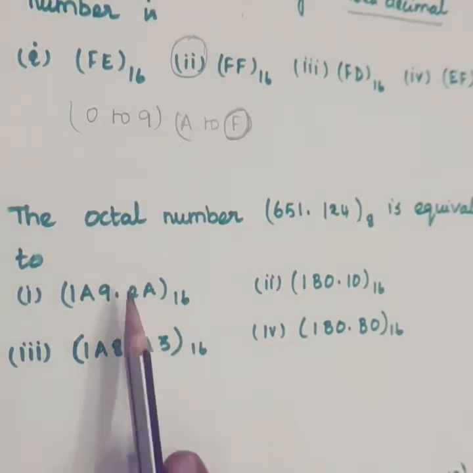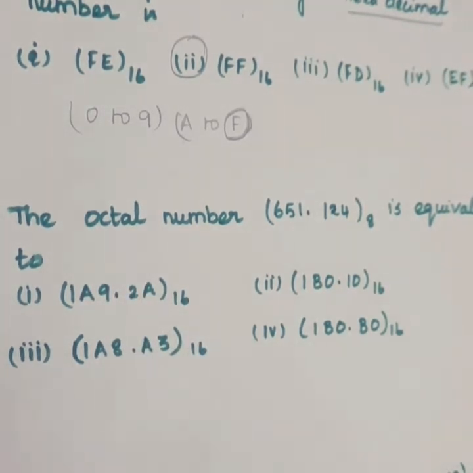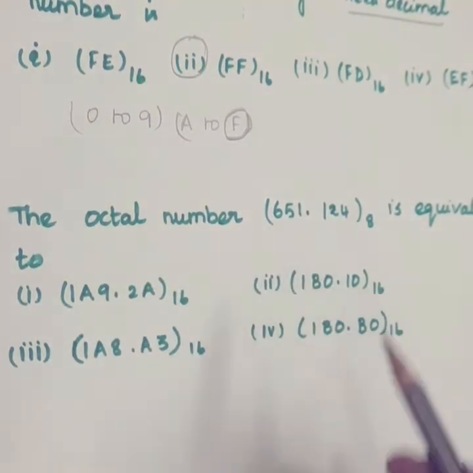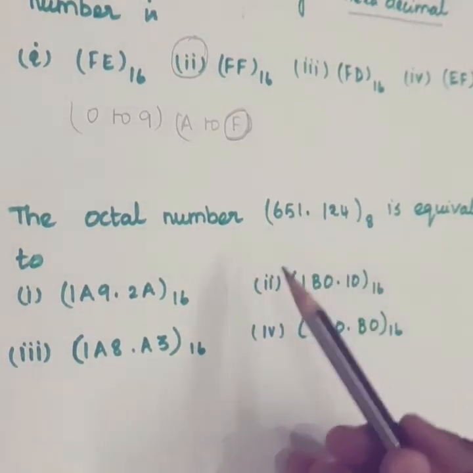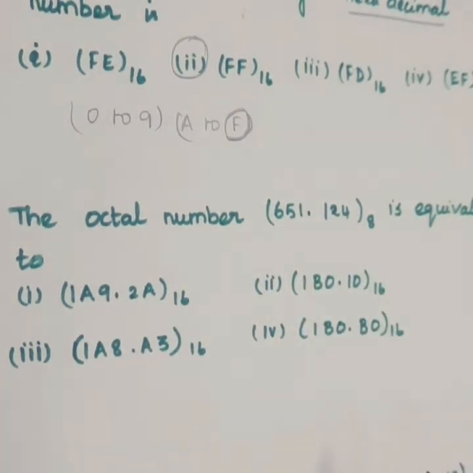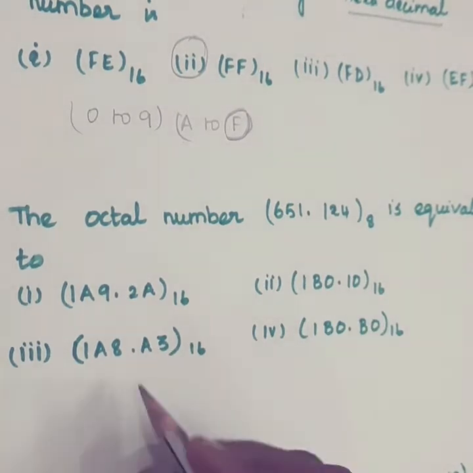Directly we cannot convert octal into hexadecimal, so first you have to convert the octal number into binary, then convert that binary into hexadecimal. To convert this octal number into binary, you have to represent each digit by a 3-bit binary, right?